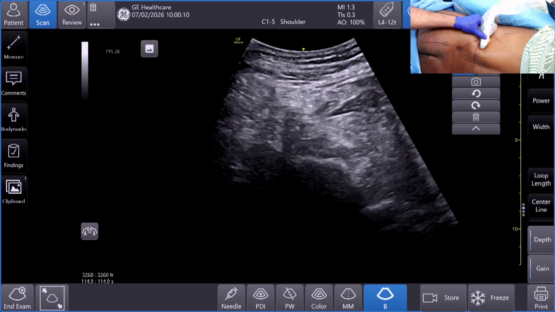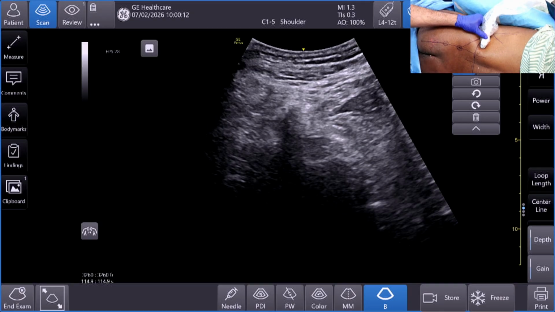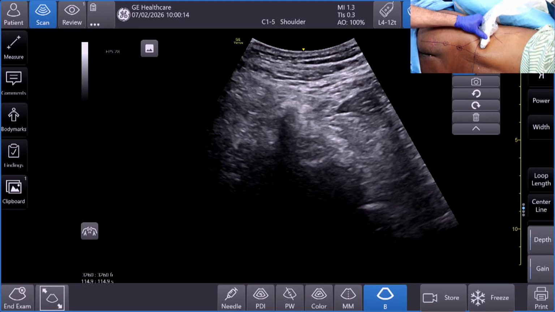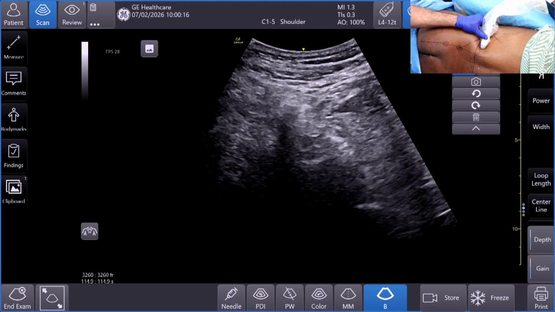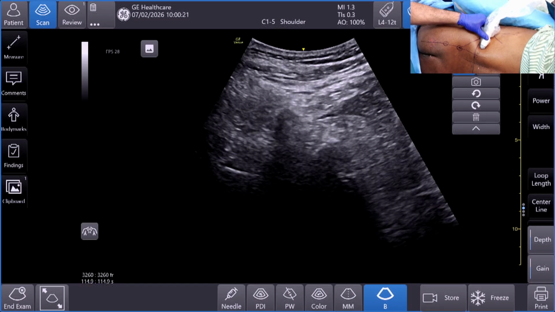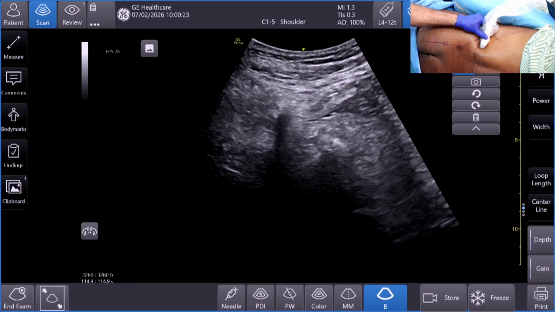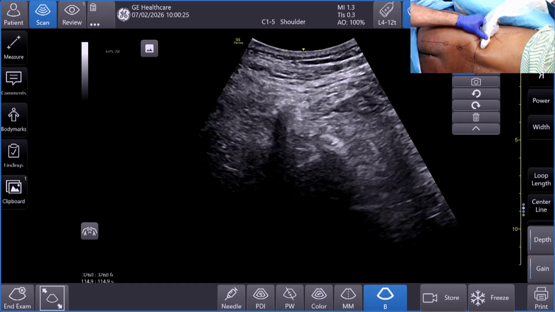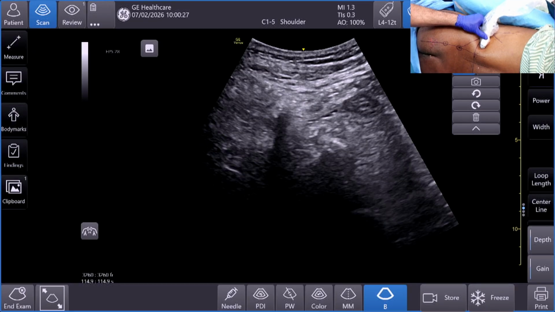So I'm slightly caudal, and you can actually see the intervertebral foramen here. Sometimes the lumbar plexus is very nicely visualized. So this is probably the lumbar plexus.